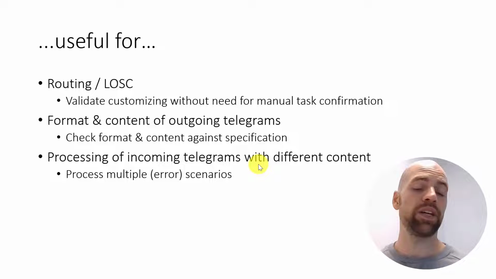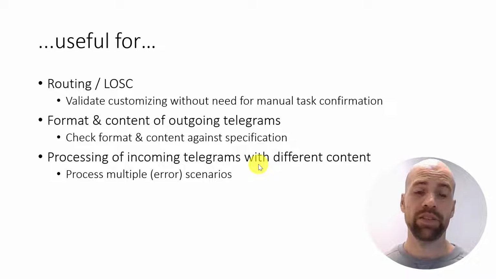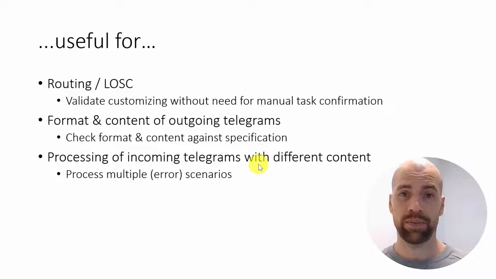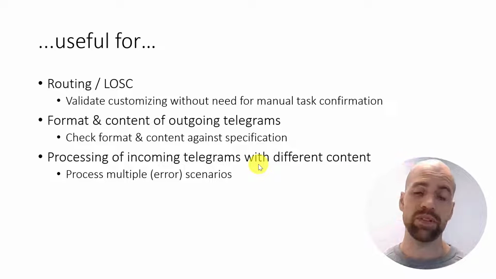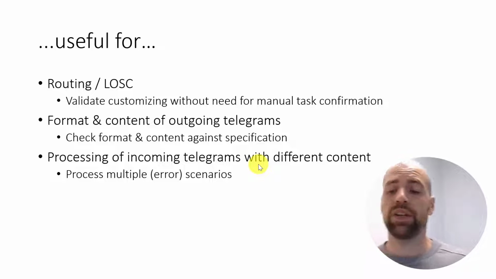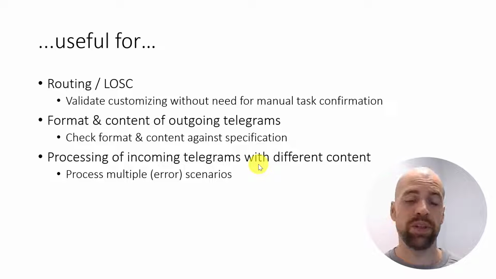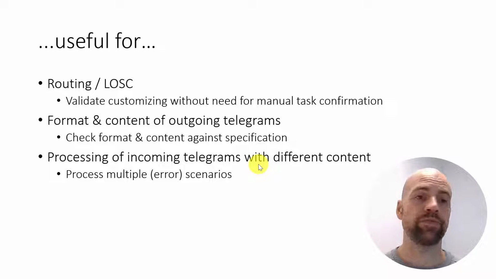And then with the emulation, you can easily create incoming telegrams with all of those error codes and then process those telegrams within EWM with the same coding that would later be used when telegrams are coming from the real subsystem. So this is an option to easily create hundreds of telegrams with multiple different types of content, and then check how your coding behaves that processes these on the EWM receiving side.